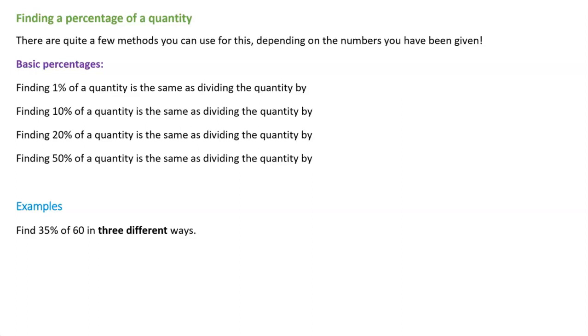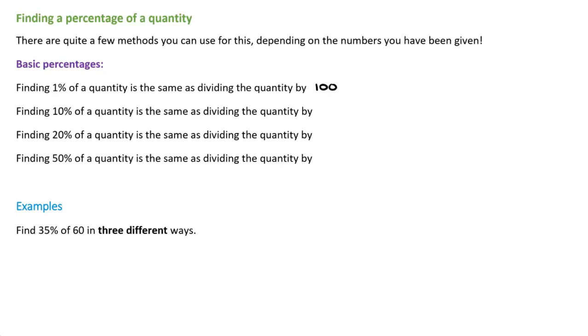So there are quite a few methods that you can use for this, and it depends on the numbers you've been given. Sometimes a quick mental strategy is actually faster than doing a proper algorithm. So, some basic percentages that you might find useful. If you're finding 1% of a quantity, 1% is 1/100th, so you could divide that quantity by 100. Finding 10% of a quantity, that's 10 over 100, or 1/10.